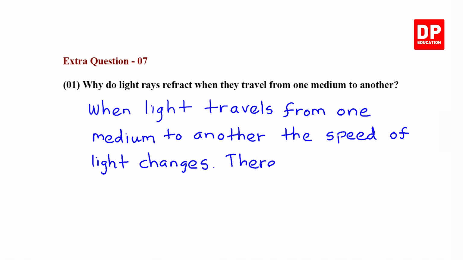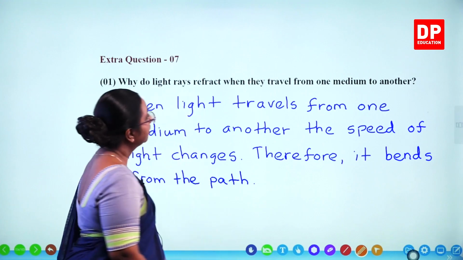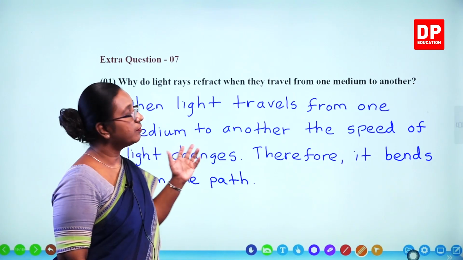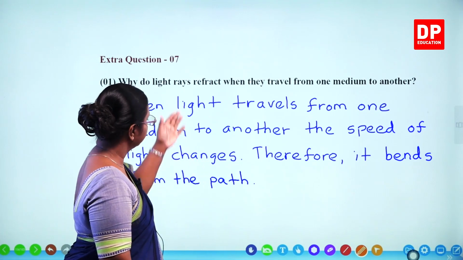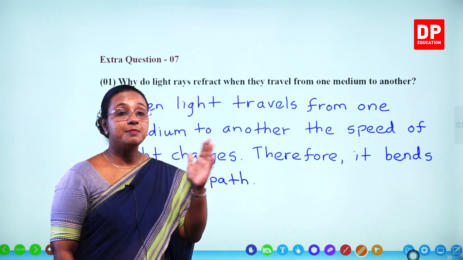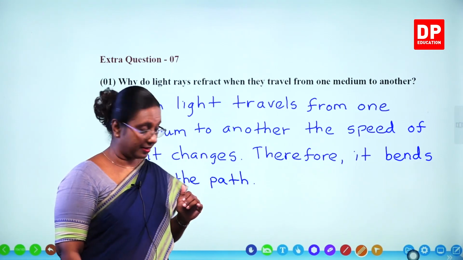Therefore, it bends from the path. So here, why do light rays refract when they travel from one medium to another? So this is the reason. Because the speed changes, they bend from their normal path.